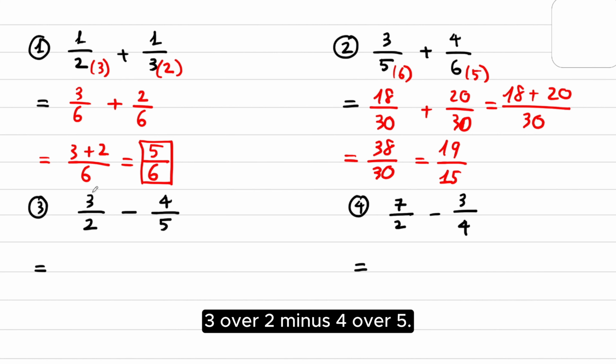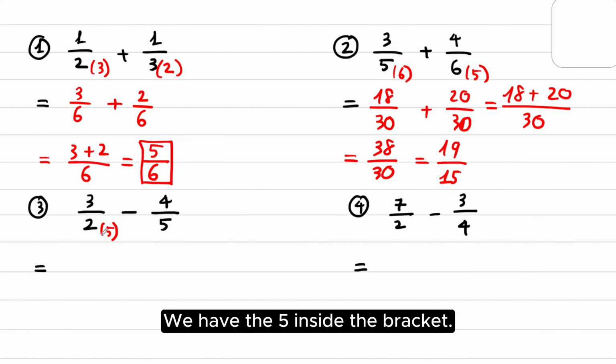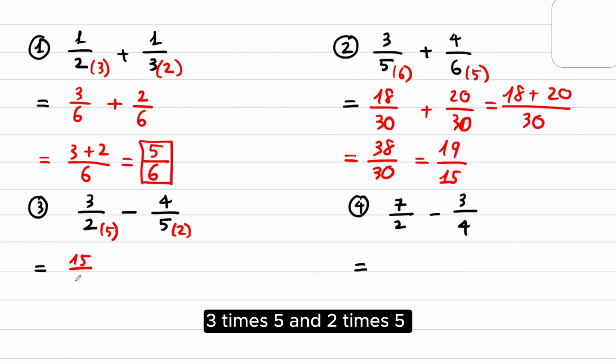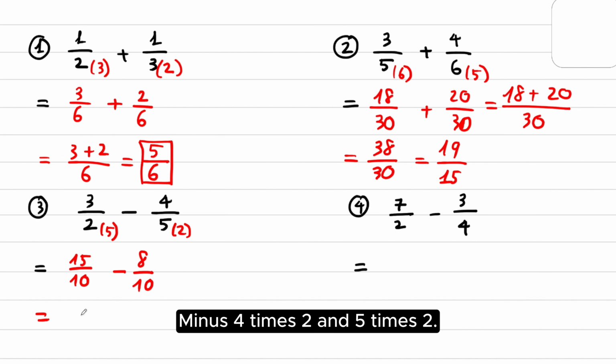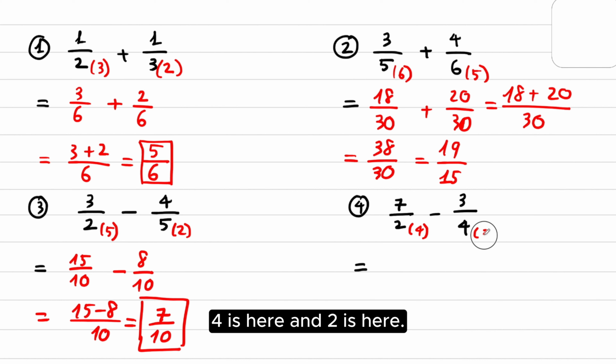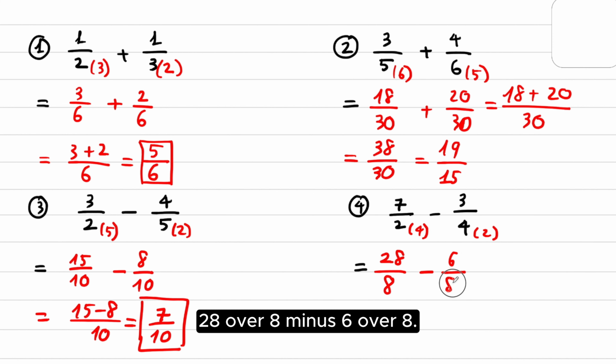Question 3, 3/2 minus 4/5. The same thing. This one will have the 5 inside the bracket, and this one will have the 2 inside the bracket. 3 times 5 and 2 times 5, minus 4 times 2 and 5 times 2. So you have the new fraction like this, 7/10. Okay, 2 and 4, 4 here and 2 here, 28/8 minus 6/8.